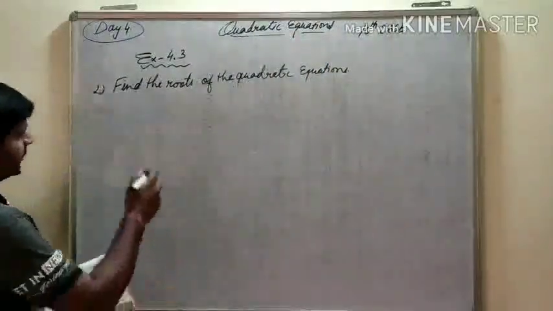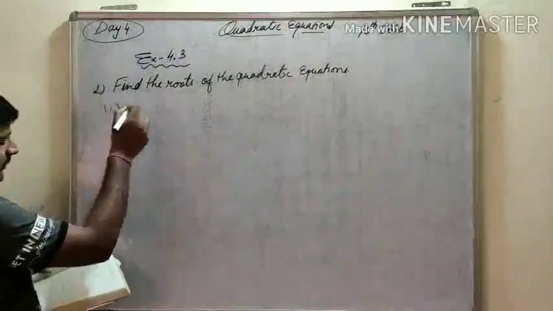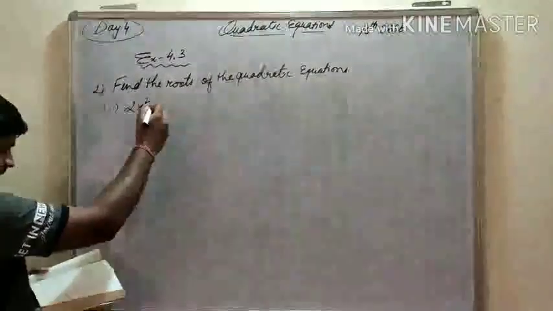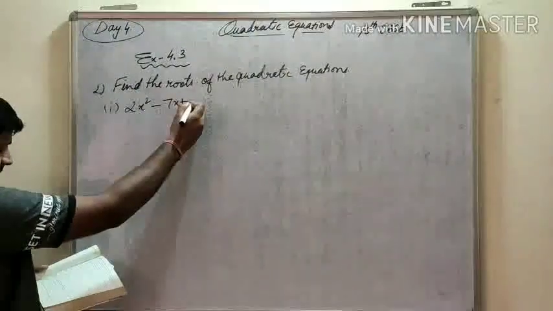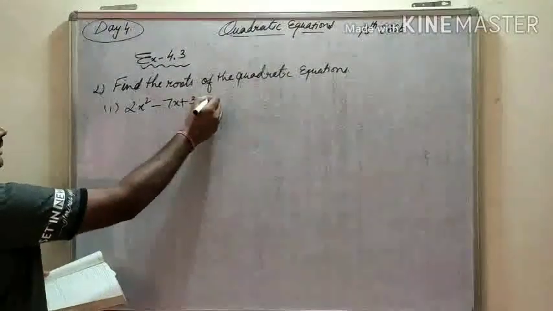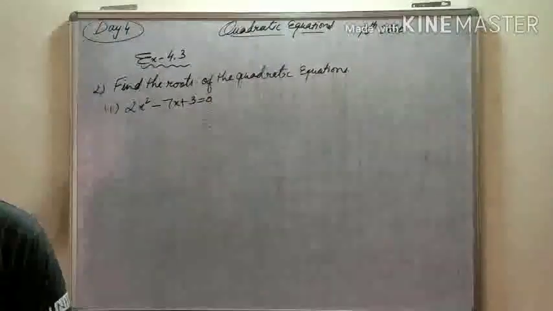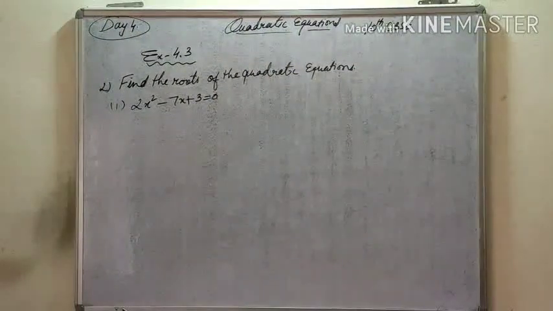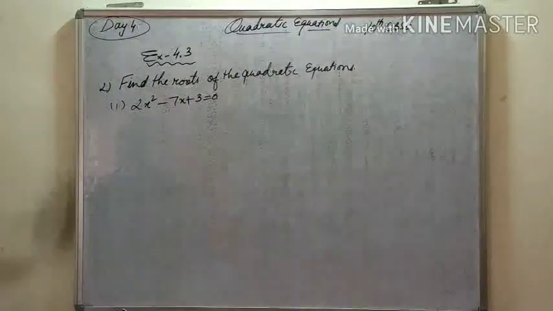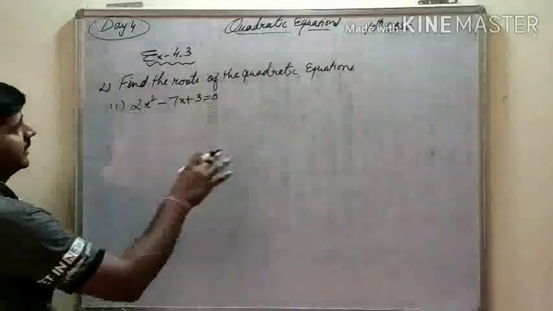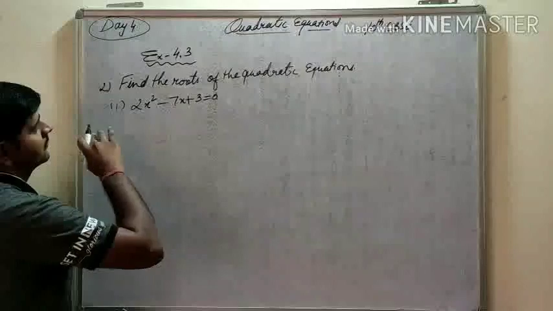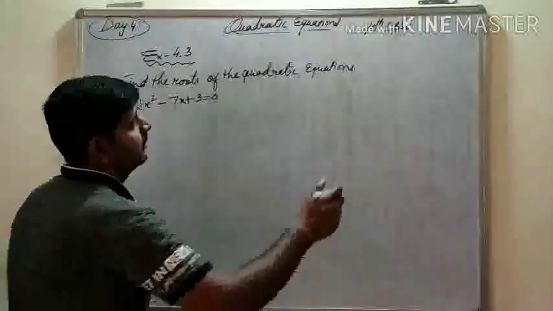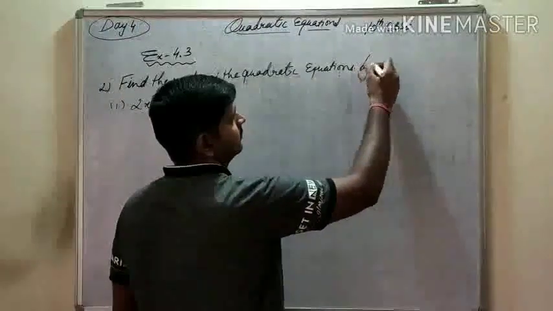The examples are the same. We have to solve these questions according to the quadratic formula. These are questions which we took yesterday also. Let's solve by this. This time we will find the roots by the quadratic formula.